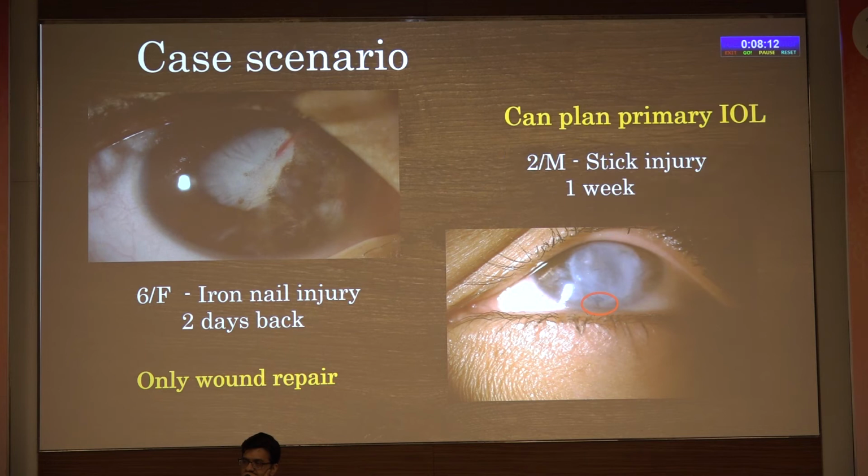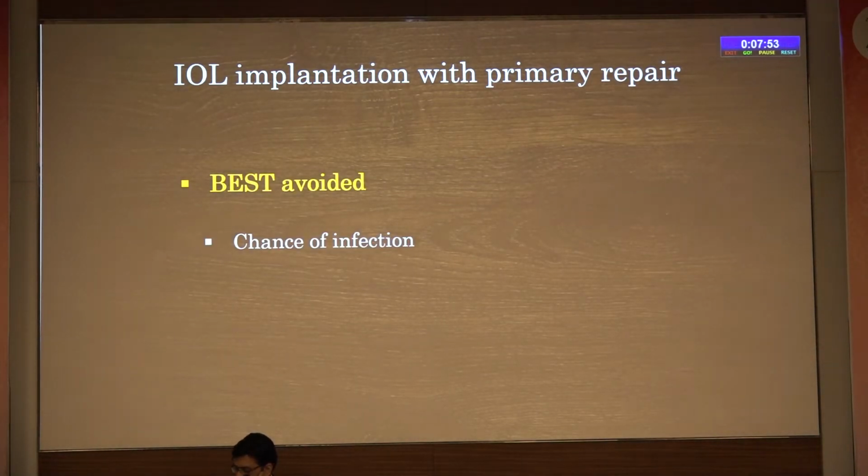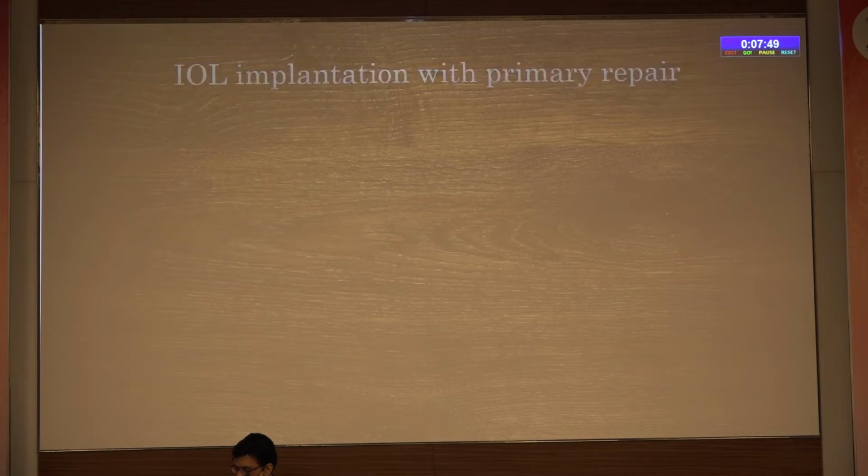Only wound repair is done in the first situation, obviously. In the second situation, if it is an older patient and other conditions allow a good DBR, maybe a primary IOL implantation can be considered, but usually you don't. IOL implantation with primary repair, like I said, is best avoided, for obvious reasons of infection and biometry issues.